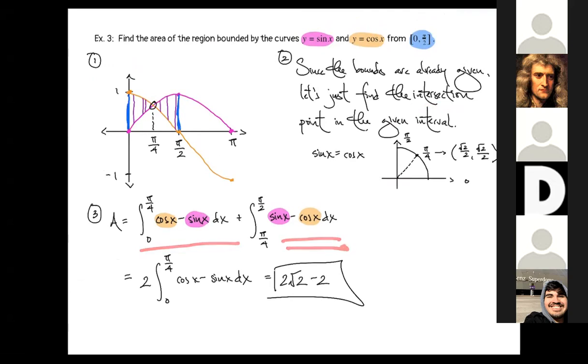Are we okay with that part of the decision making? You can give me a quick thumbs up or send me a message. A good question to ask yourself would be, do I know when we need one integral versus when I need more than one integral?